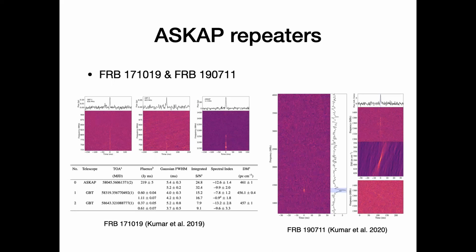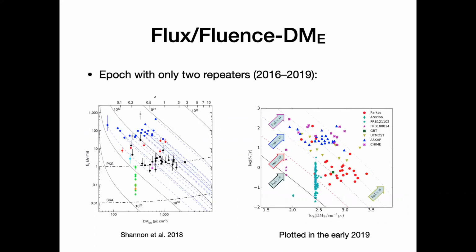The nearest repeating burst, 1907+11, shows a very strange feature: you can see it was detected in the ultra-wideband receiver, and the emission is located only in a band-limited range. Now we have many repeating bursts, and how do we answer the question of whether all of them repeat?